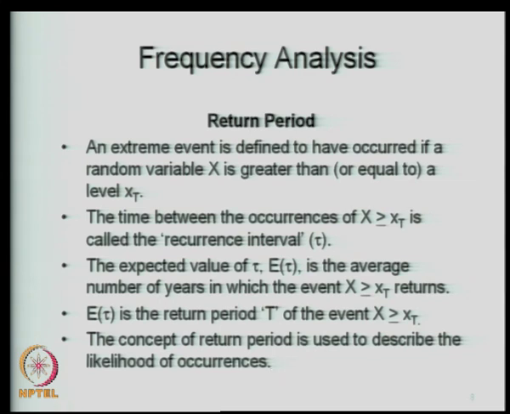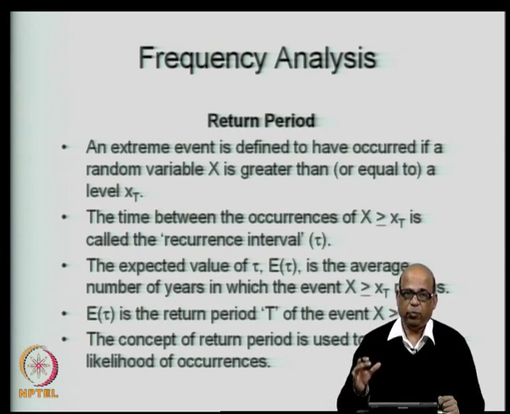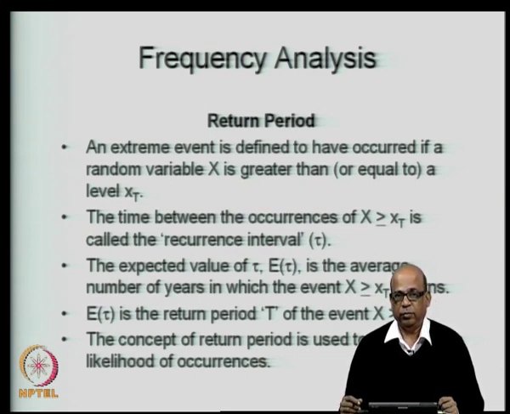In fact, many times we confuse the concept of return period with the exact time at which the event occurs. For example, when I say an event has a return period of 5 years, it does not mean that in the next 5 years it has to happen once.